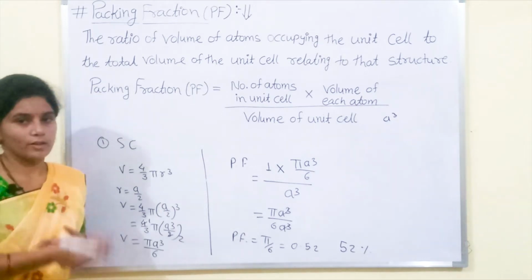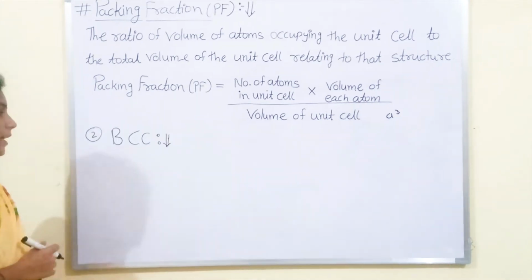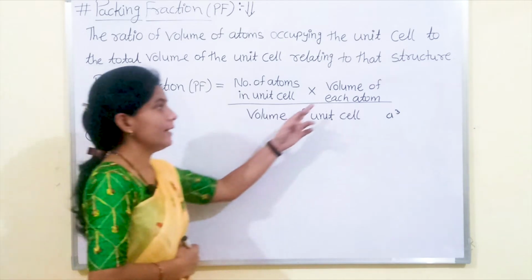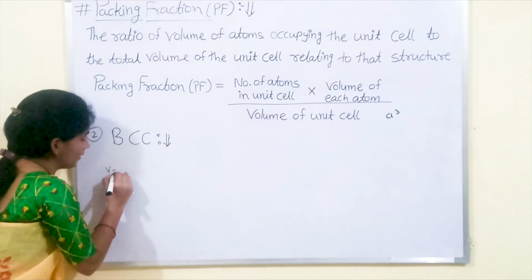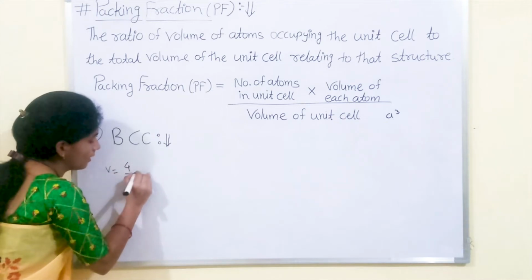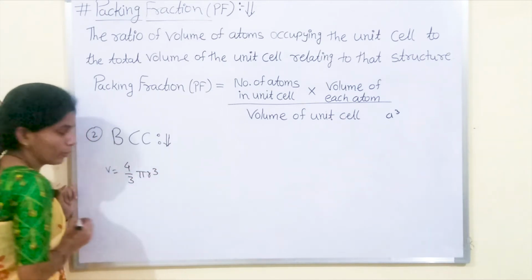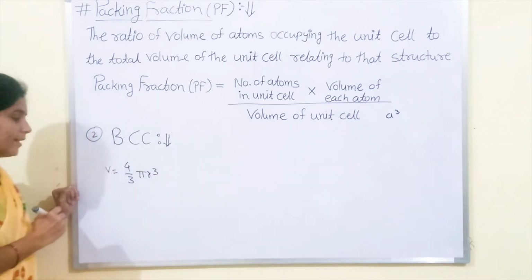Now we will see BCC. In BCC we have to calculate the volume of each atom. The volume of each atom is 4 by 3 pi r cube, where r is the radius.